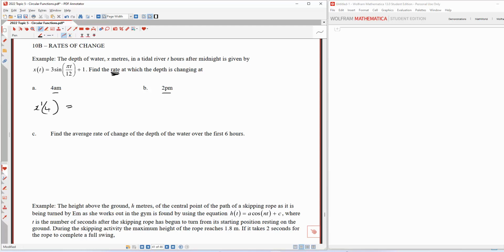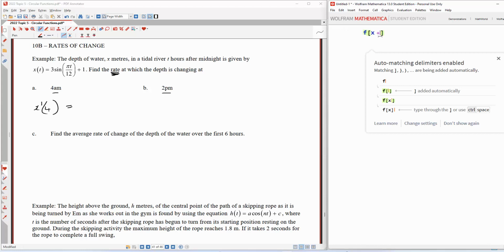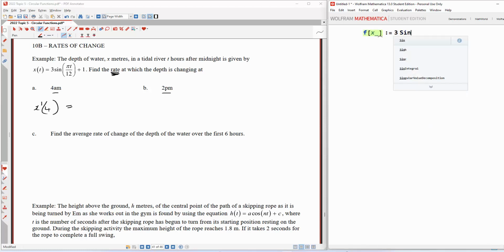Alright, this could probably be done quite easily by hand, but let's just use Mathematica to do it. So f x equals 3 sin, brackets, pi times x all on 12, plus 1.